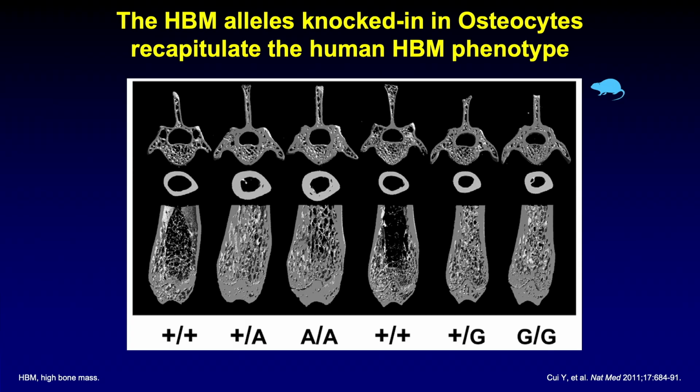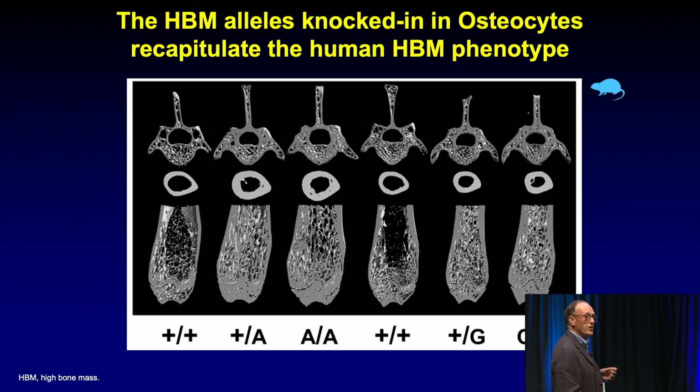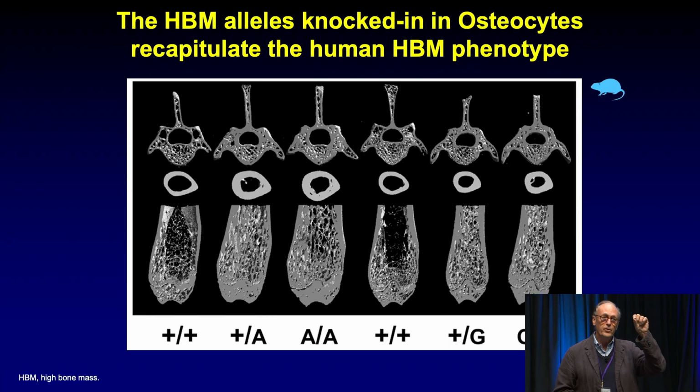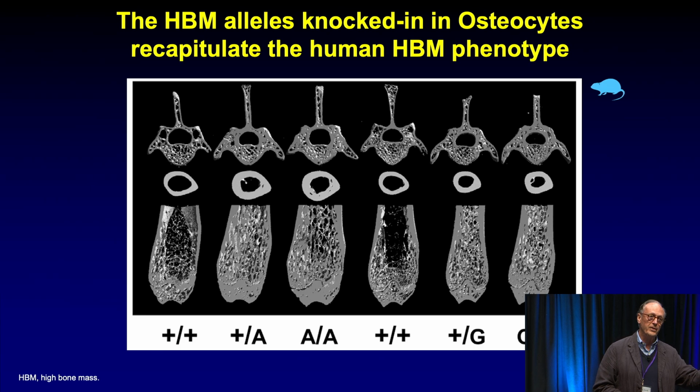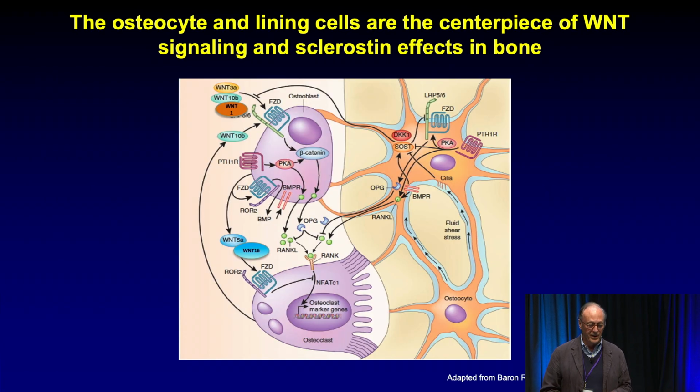And what you can see is a gene dosage dependent in both cases increase in bone density, both trabecular bone and cortical bone, by introducing this single mutation in the receptor in osteocytes. So here we are. It's really intriguing, right?